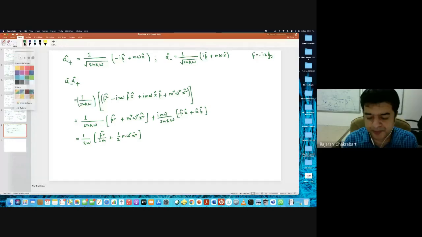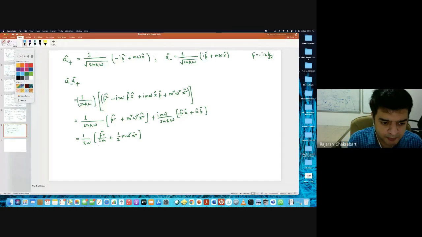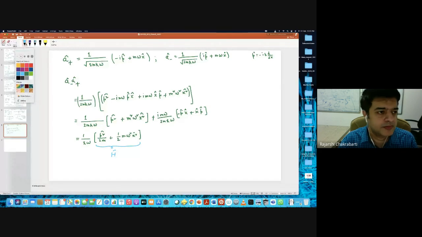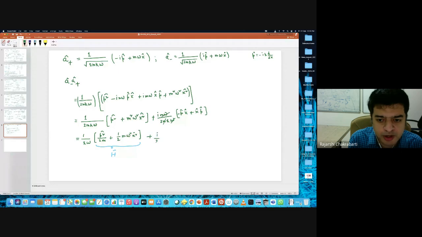Yes, you're right. This part is nothing but your Hamiltonian. What about the next part? The m omega will cancel, no? And this will give me plus i by 2.